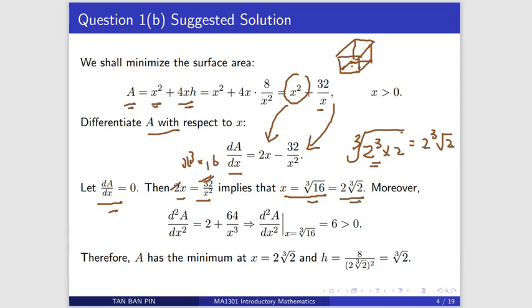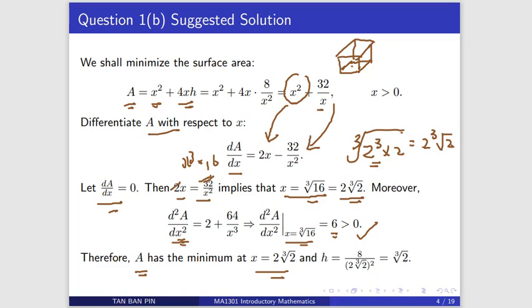That's why it's 2 cube root of 2. You can differentiate to find the second derivative, and sub x as the cube root of 16, you'll find it's 6, which is positive. So by the second derivative test, the surface area will be minimum at x equal to 2 cube root of 2.